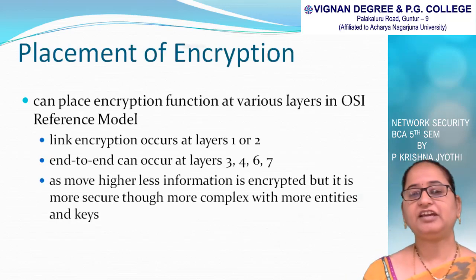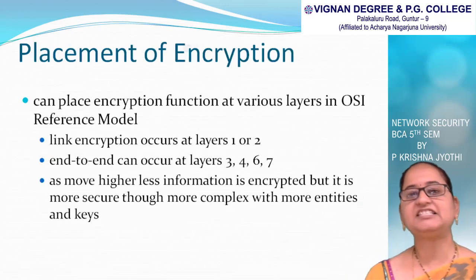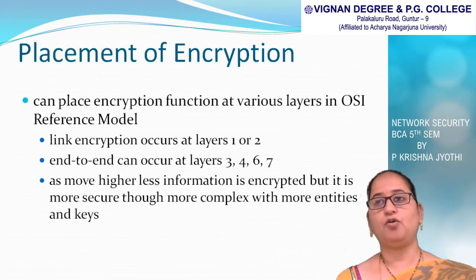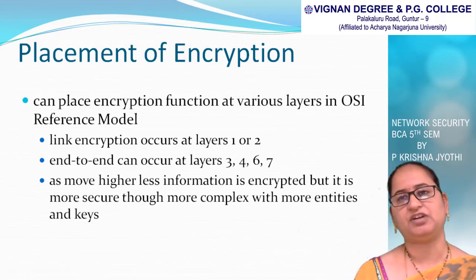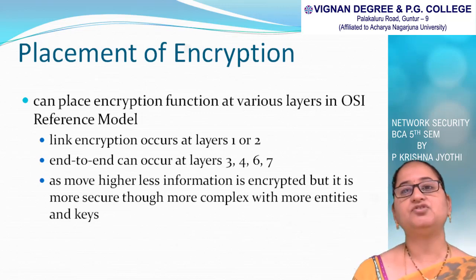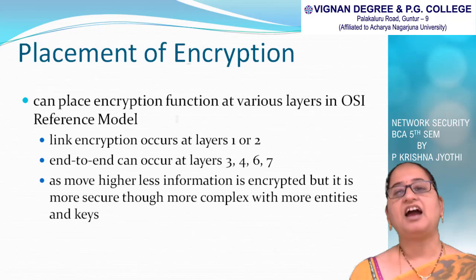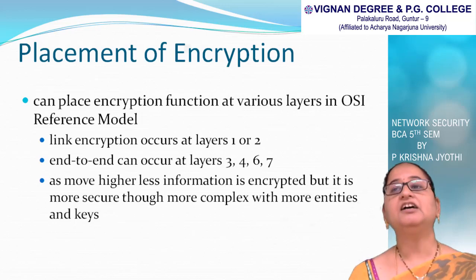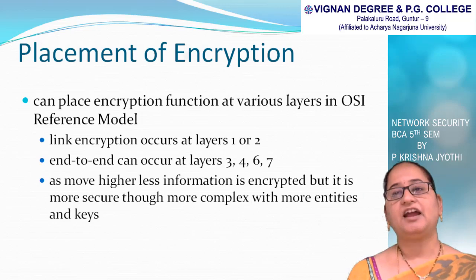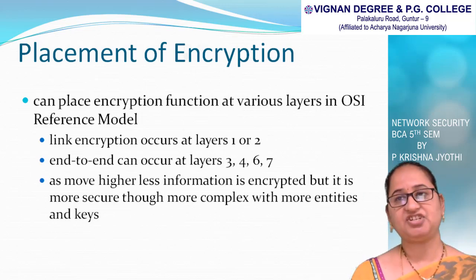Placement of encryption: we can place the encryption at various levels in the OSI reference model. You are all familiar with the Open Systems Interconnection reference model, which has 7 layers. Just recollect those layers. One is the physical layer, the second is the data link layer, the third is the network layer, the fourth is the transport layer, then the presentation layer, the session layer, and the application layer.